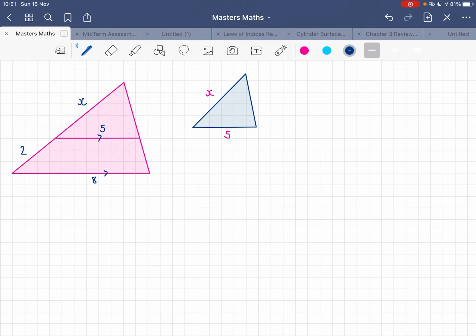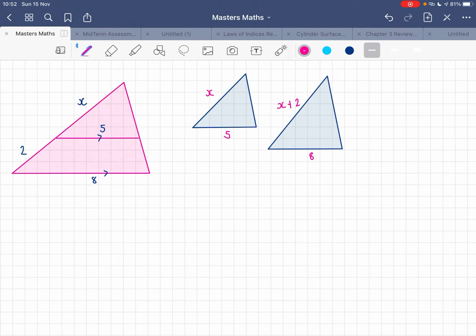But on the bigger triangle here, this is 8 here on the bottom, but then what's this length? Okay, I don't know what x is, so I can't work out the total length. It's still going to have an x in it, so this length is x plus 2.